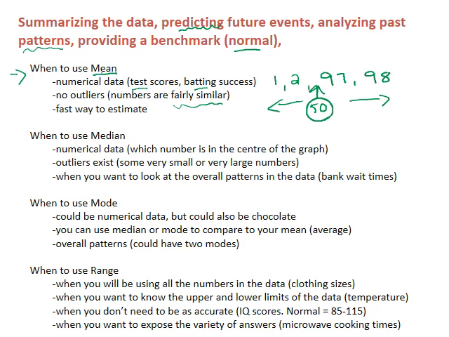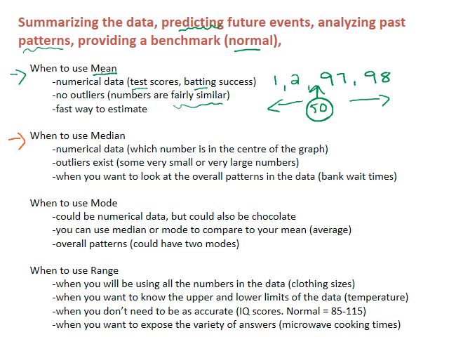Median, when to use that: the number that is right in the middle. Again, you have to have numerical data, and you're trying to find which number is in the dead center of all of that. If you have some outliers, you can still use median. Normally you're not going to have somebody scoring 1% on a test, right?